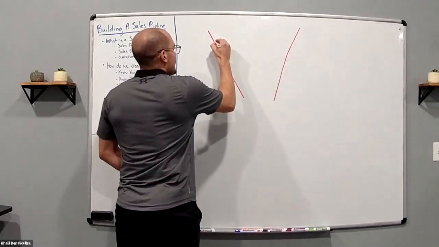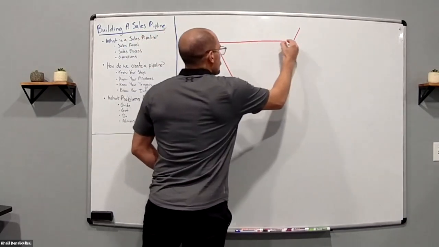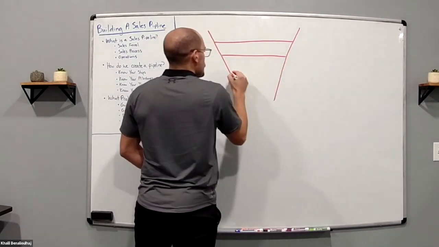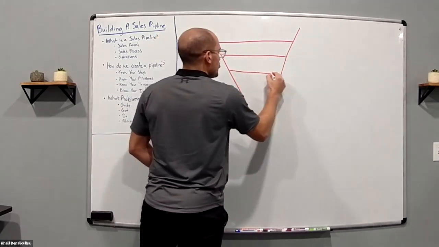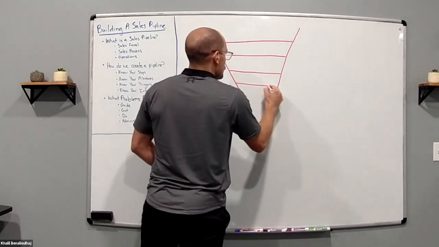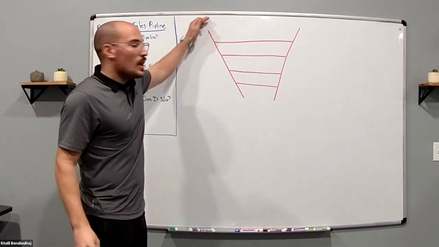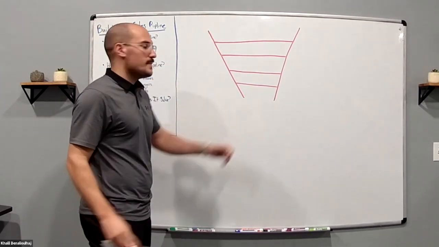We're going to have stages to this funnel, and our entire goal of this funnel is to go from not a customer, a stranger, all the way down to a customer, right?